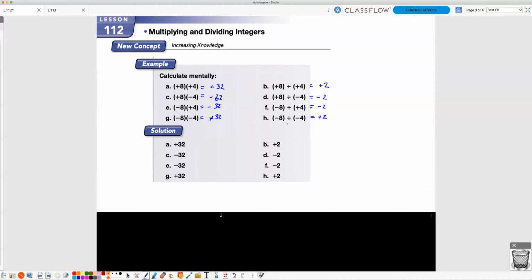Make sure you recognize that if they are the same symbol, it will be a positive answer in both multiplication and division. If it is a different symbol, if one is negative and the other is positive, then in multiplication or division the product and the quotient will be negative.